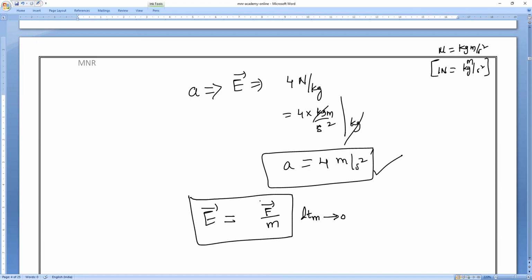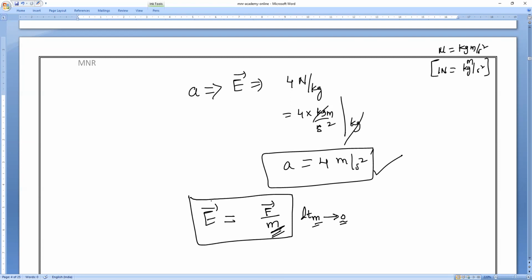The gravitational field E is equal to the force of attraction divided by a small mass, where the limit of M tends to approximately 0. That is what you have to remember. Are you clear, everybody? Understand, everyone? This is the force of attraction, the strength of a gravitational field between the two bodies, if you want to find it.